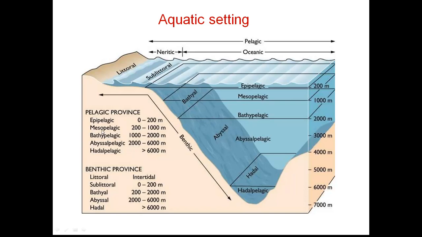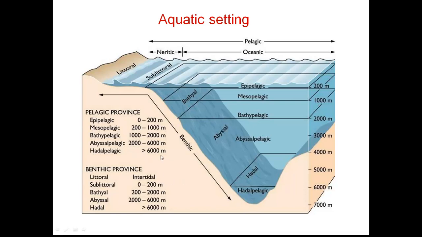Below this we have the mesopelagic zone, which extends from 200 metres to 1,000 metres below the surface of the ocean. We have got bathypelagic, which is 1,000 to 2,000 metres below the surface. We have the abyssal pelagic, which is from 2,000 to 6,000 metres below. And we have got the hadal-pelagic, which is our deepest zone, which is deeper than 6,000 metres.